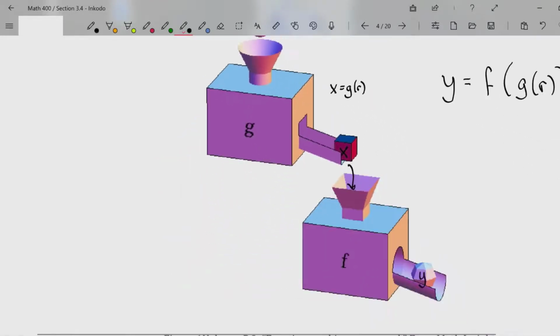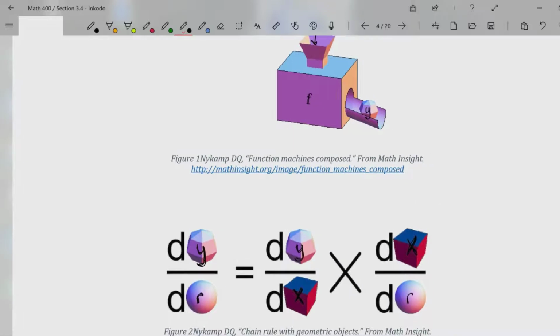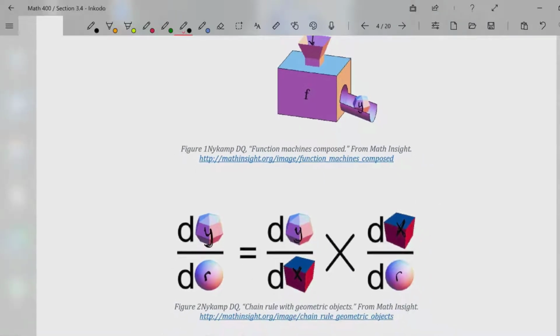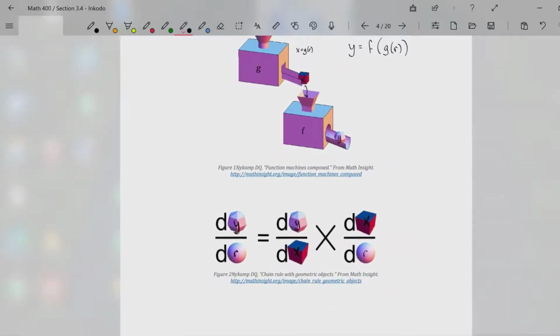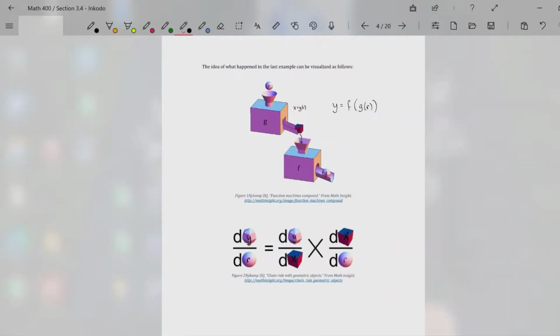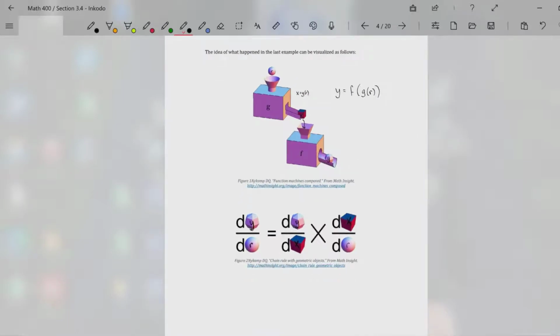So that's the idea of it. And you can see, again, visually, it looks like the dx's will cancel and you get dy/dr. Again, both of these images are from mathinsight.org. I just want to make sure that I cite that so they don't get mad that I used it in this video.